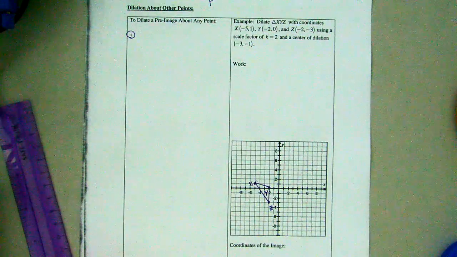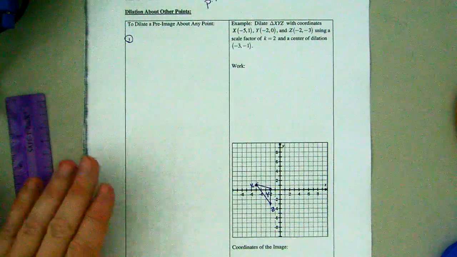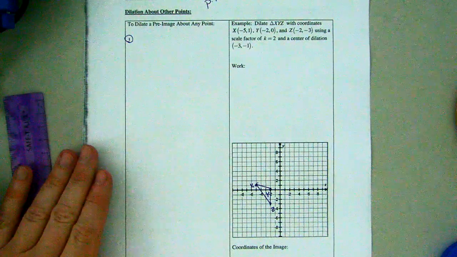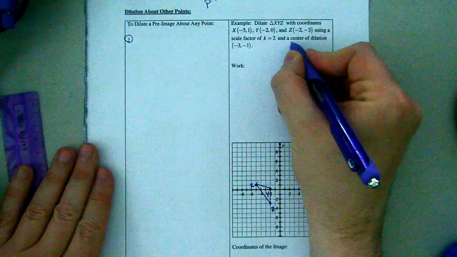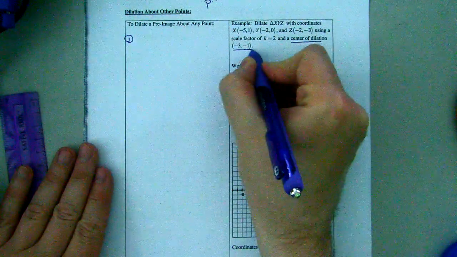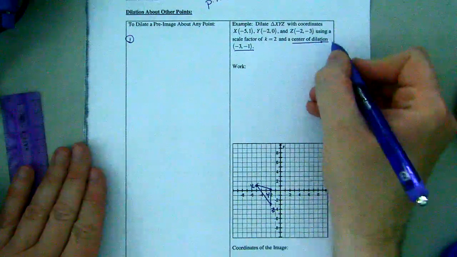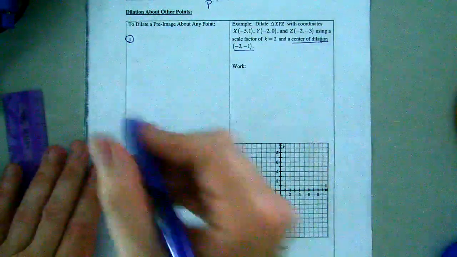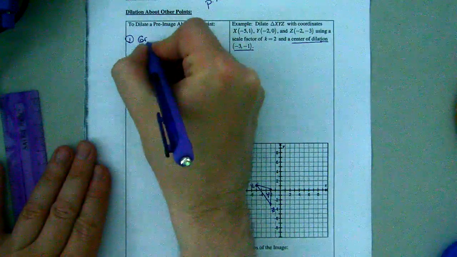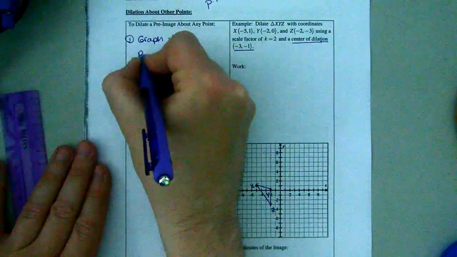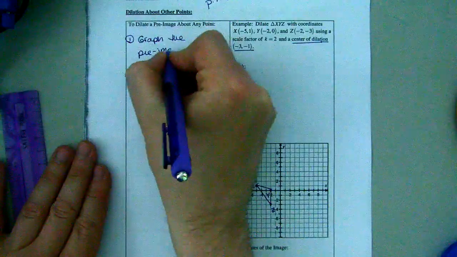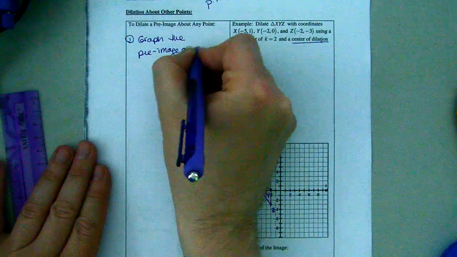To dilate about a point that is not the origin, the first thing we need to do is graph the pre-image, which I already did, and plot the center of dilation. And in this case, I told you the center of dilation is -3, -1. That's the point about which I'm going to expand things. Step number 1, graph the pre-image and plot the center.